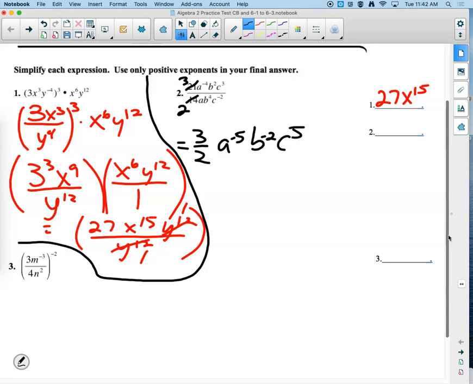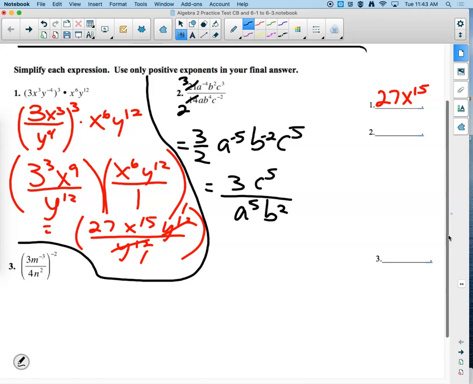Now we're more organized so we know which ones will stay on the top and which ones will go down below. Which of those variables gets to stay on the top with the 3? Right, c to the fifth, because that's positive. The other two have to go down below so they can become positive. Anything else left for us to simplify in there?